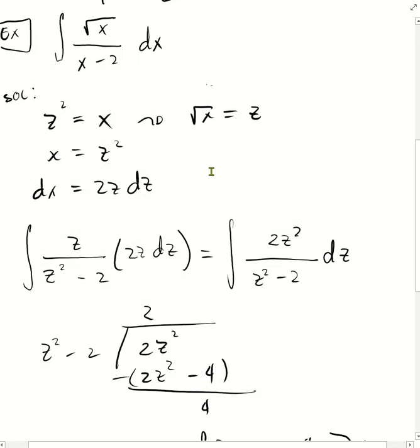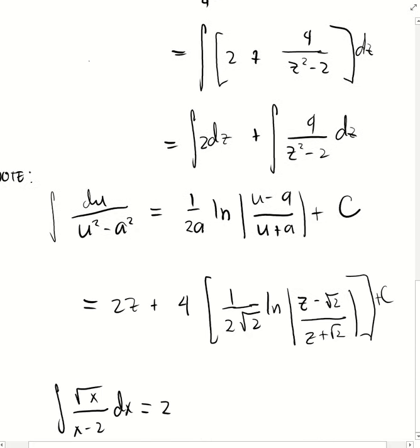Z is square root of x. So 2 times the square root of x, plus this one, 4 divided by 2 is 2, divided by square root of 2.